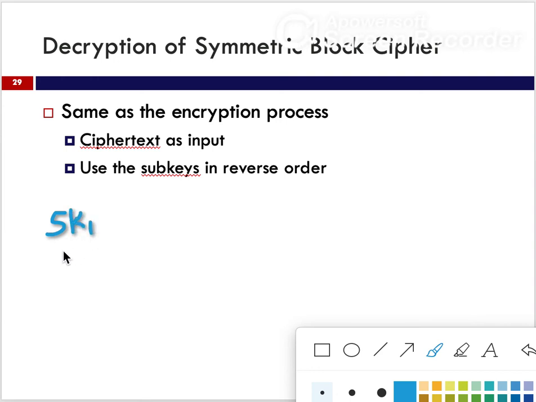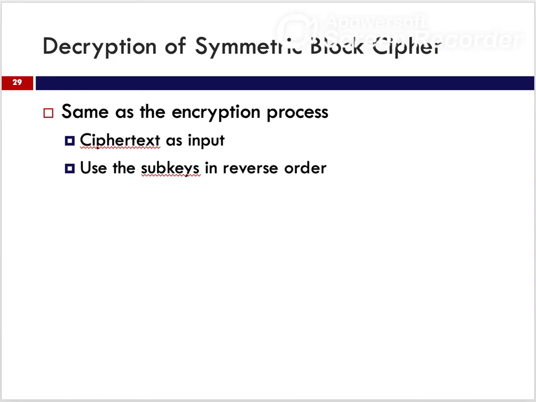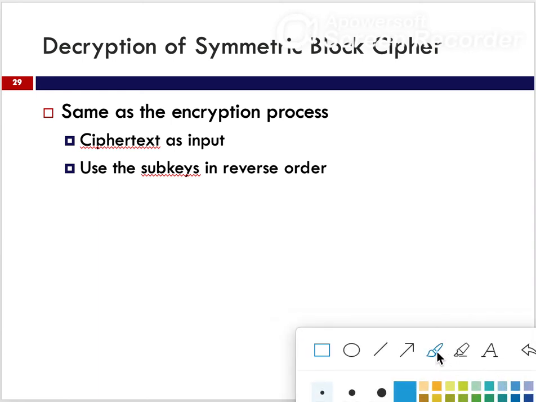In encryption, the first round uses subkey 1, the second round uses subkey 2, and the third round uses subkey 3. Now in decryption, I will use them this way: subkey 3 in the first round, then subkey 2 in the second round and subkey 1 in the third round.